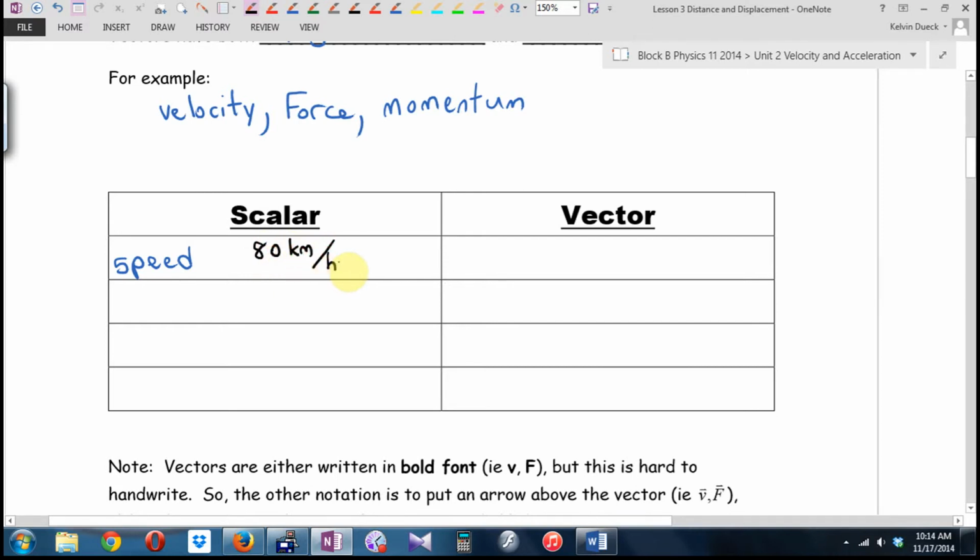That has a magnitude, but that tells you nothing about how the person is traveling. Velocity is a vector. 80 kilometers per hour due north. That's a vector. It has a magnitude, 80, and a direction, north.